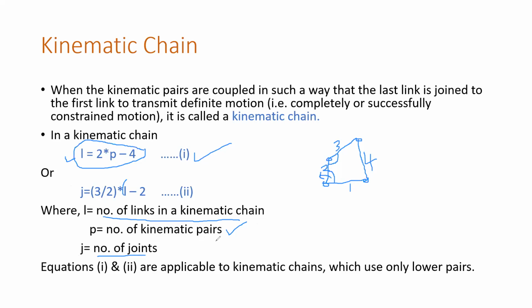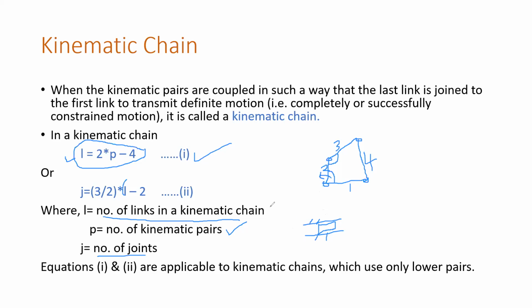Joints also have types, like the turning joint, which is called a pin joint, and there could be a sliding joint, where sliding motion is possible because of that joint. For example, say it is a fixed surface and you put a piston over here. This piston can slide in this guide, so it is a sliding joint.